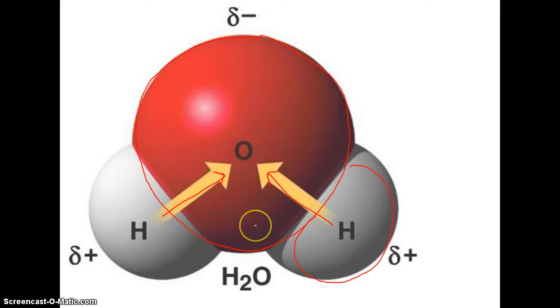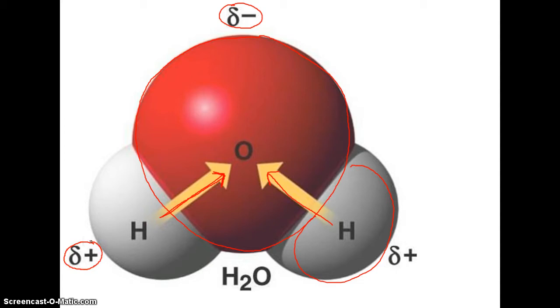Oxygen pulls the electrons closer to it, and hydrogen loses its electrons just a little bit, not completely. The result is that, since more negatively charged particles are moving toward oxygen, the oxygen end of water becomes slightly negatively charged. And because those negative electrons are moving away from the hydrogen toward that big oxygen, the hydrogen becomes slightly positively charged.